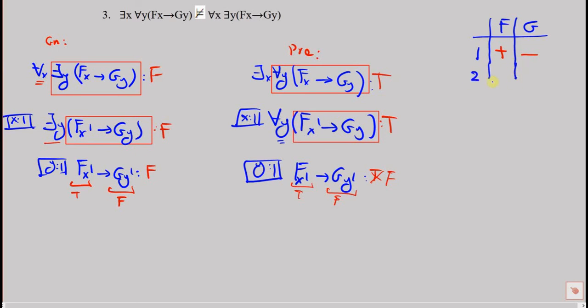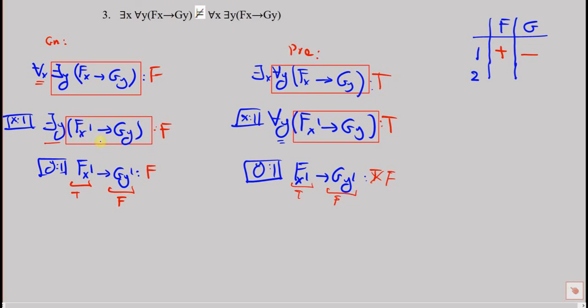Now we start over. So we go to the conclusion. Remember that we want to make this universal false, right? So we need to make sure that there's at least one object that makes the thing in the box false. So object 1, we want to make sure that this existential here is false for object 1. Okay, to do that, we need to make sure that there is nothing that satisfies this thing in the box here.